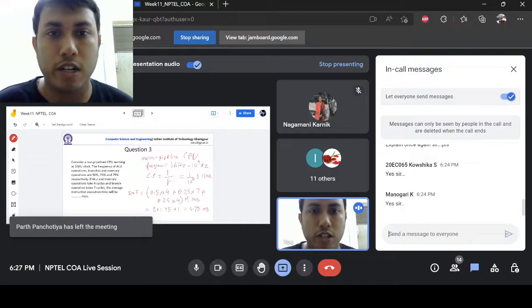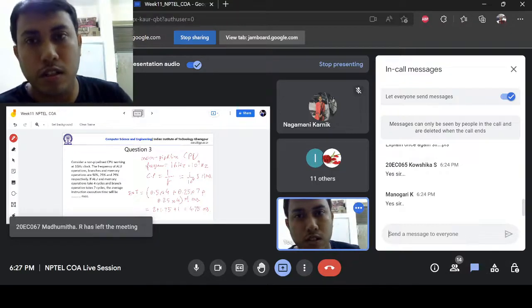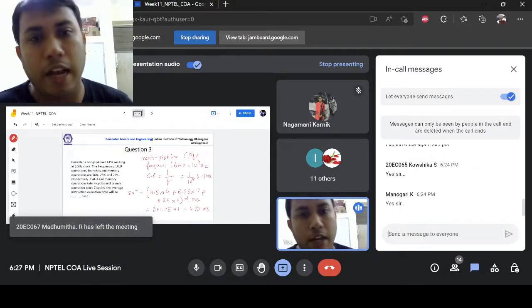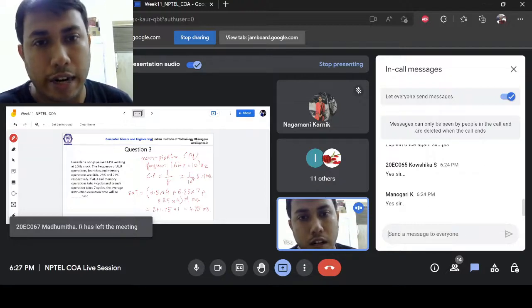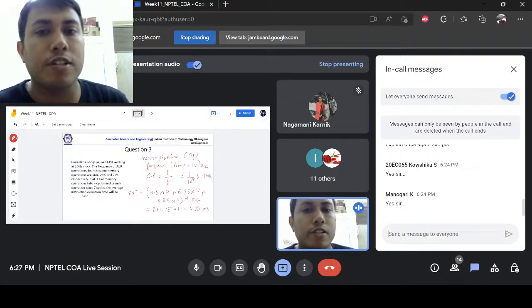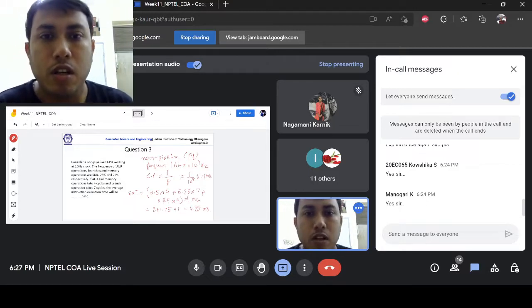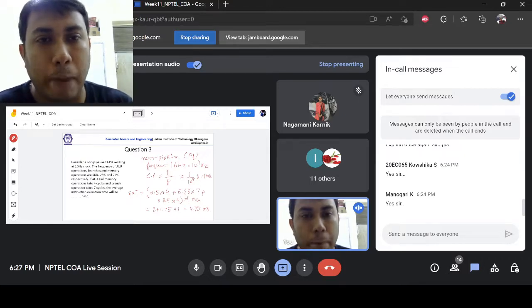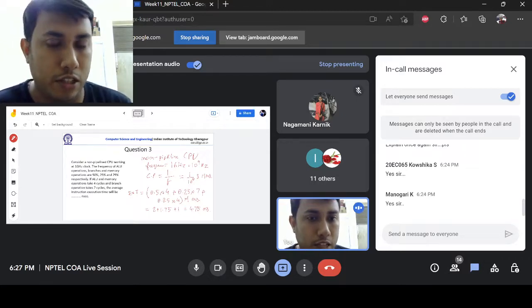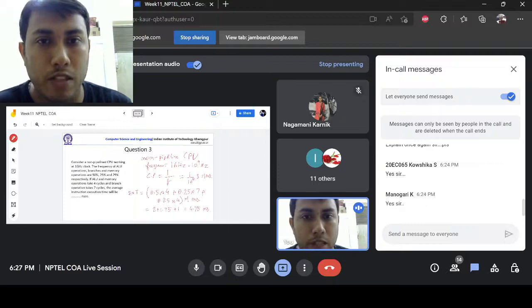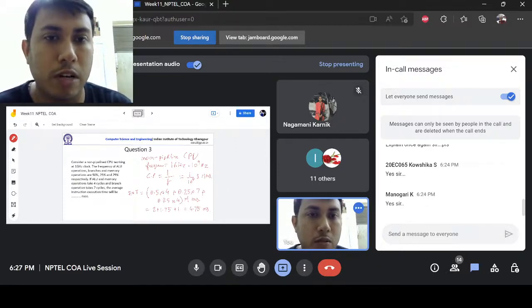Any doubt regarding this? These are straightforward. This question demonstrates the difference between a pipeline and a non-pipeline CPU. In a pipeline CPU, only a part of the instruction gets executed at each stage, whereas in a non-pipeline CPU, the entire process needs to be executed at the same time.